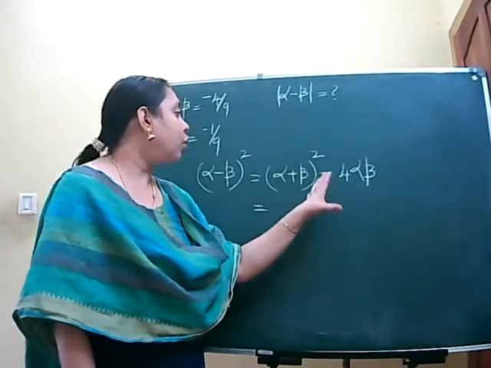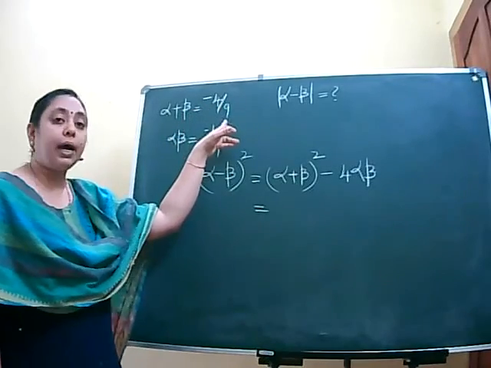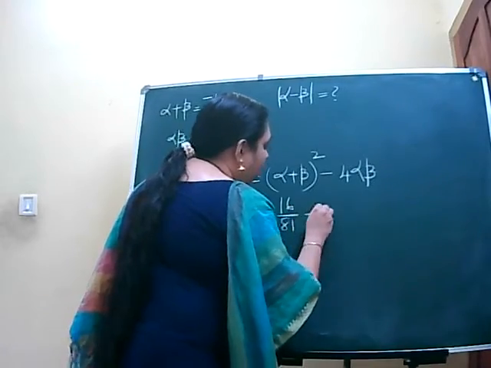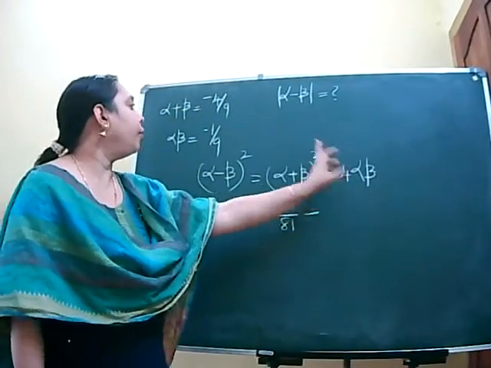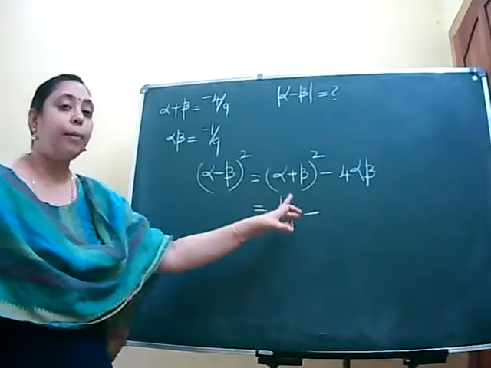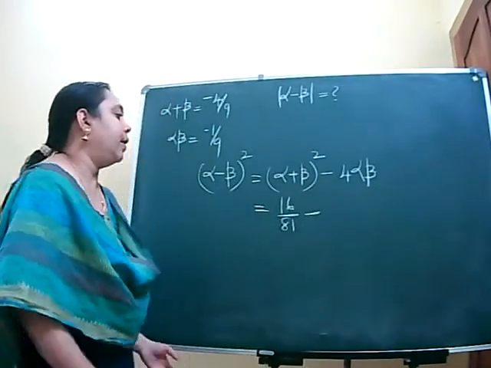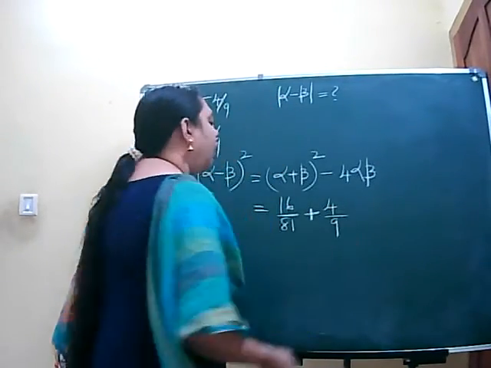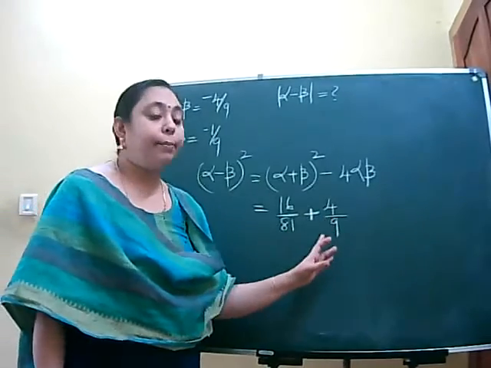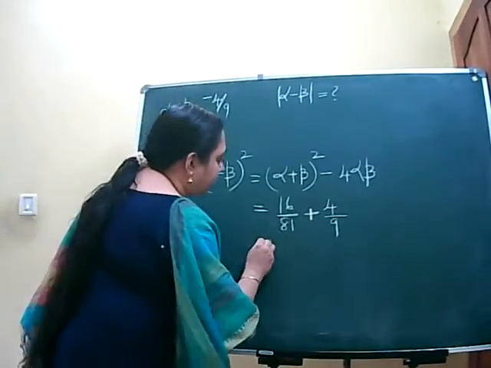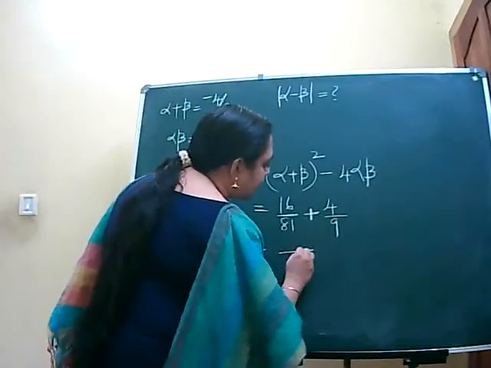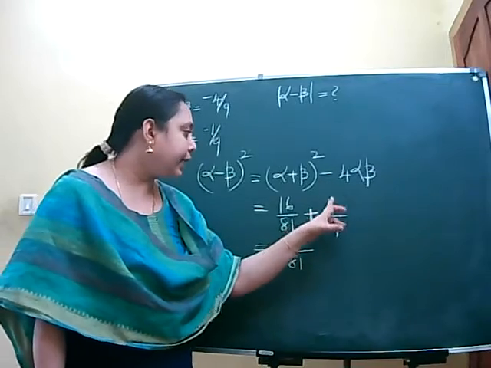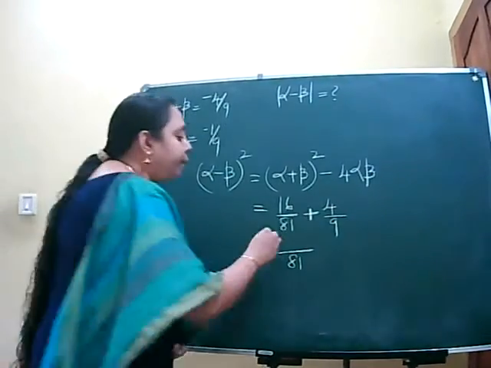Alpha plus beta the whole square becomes 16 by 81, minus 4 into minus 1 by 9 becomes plus 4 by 9. Now take LCM and simplify. Here LCM is 81, so this becomes 16 plus 36, that is 52 by 81.